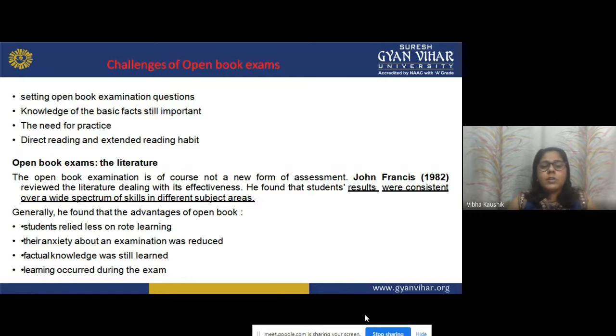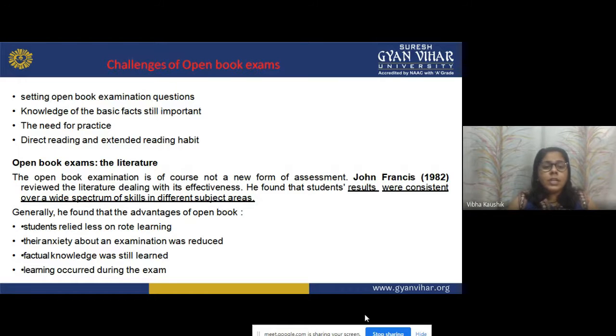Direct reading and extended reading habits, we have to develop in them the direct reading and extended reading habits when the student has to give the open book exam. The open book examination is, of course, not a new form of assessment, as we learned in the previous slide that it was the concept that was used in Hong Kong in 1935 only.